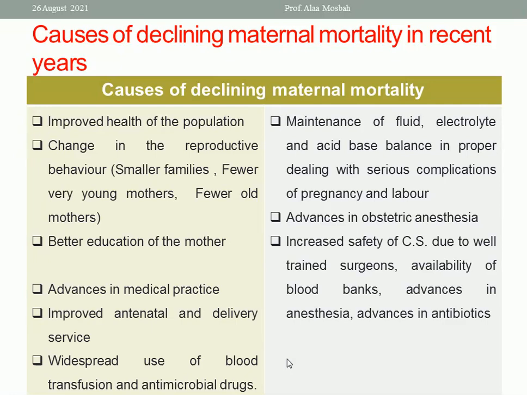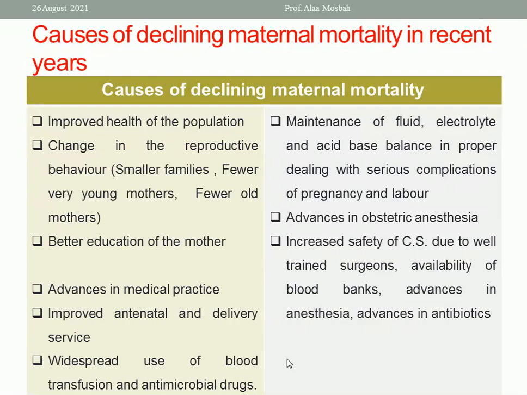Why has maternal mortality decreased in recent years? Of course, we wanted to decrease more, but certainly there is a decrease of about 38%. Okay, so what are the causes of this decrease?